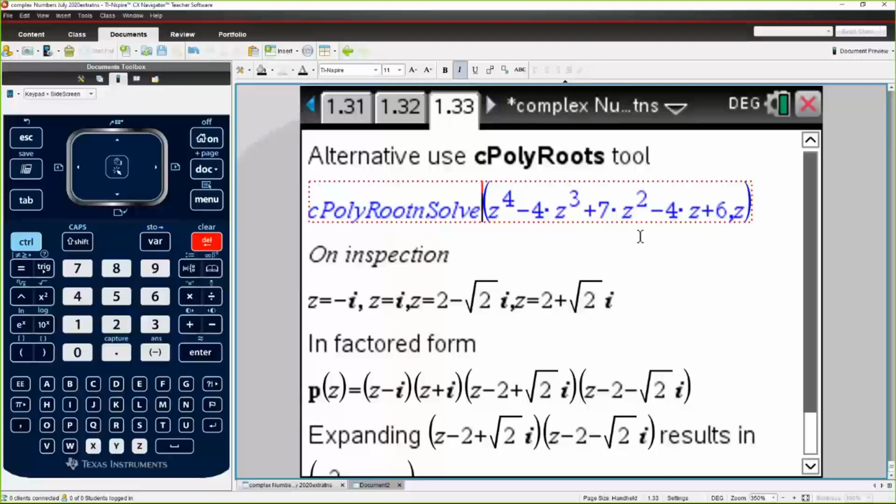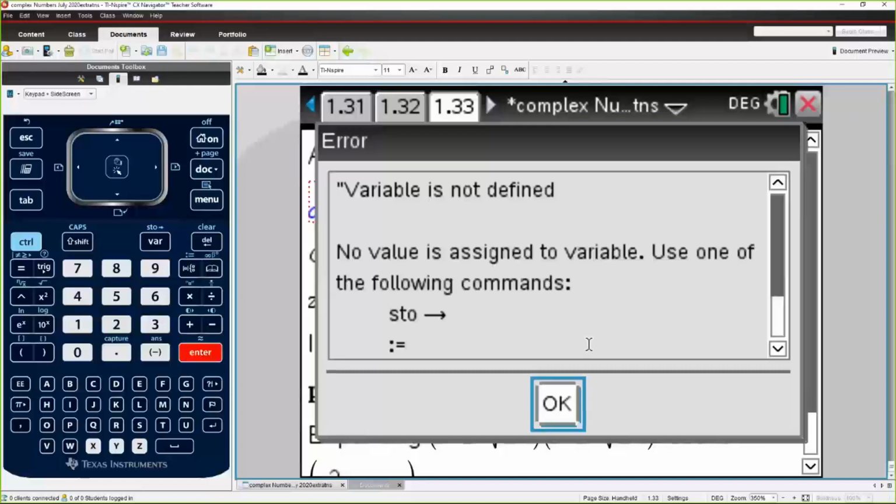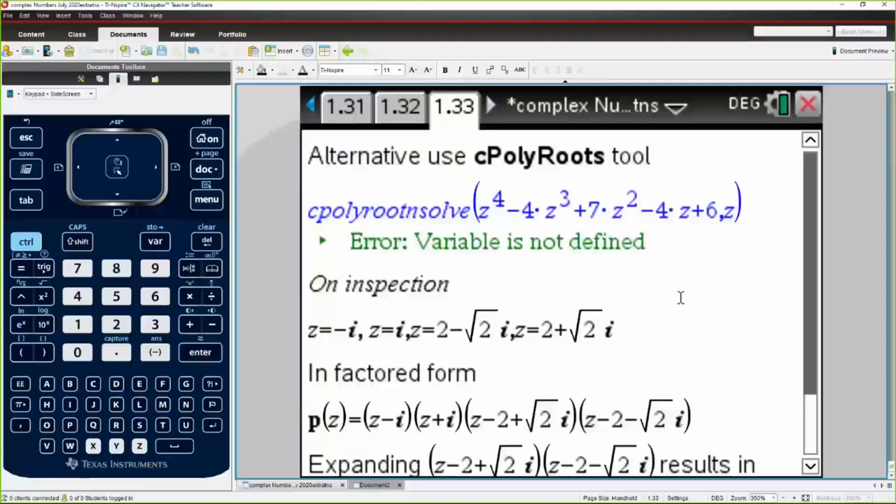Can you give it to me? No, I've messed it up there now. Anyway, my apologies for that. Too heavy handed with the mouse clicking. So we will fix that up in a moment.